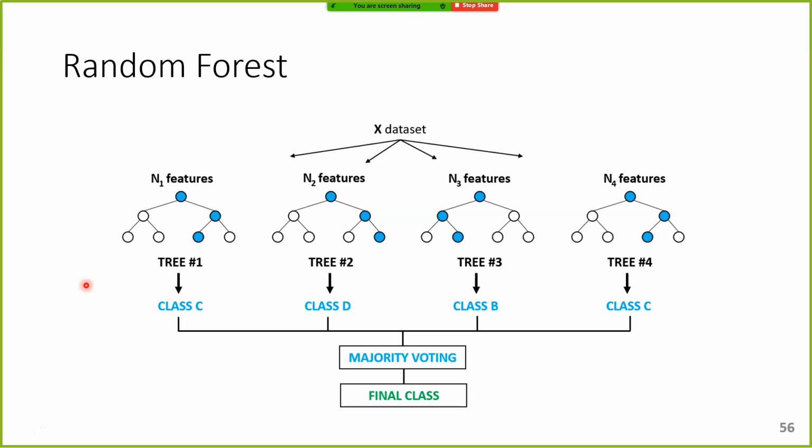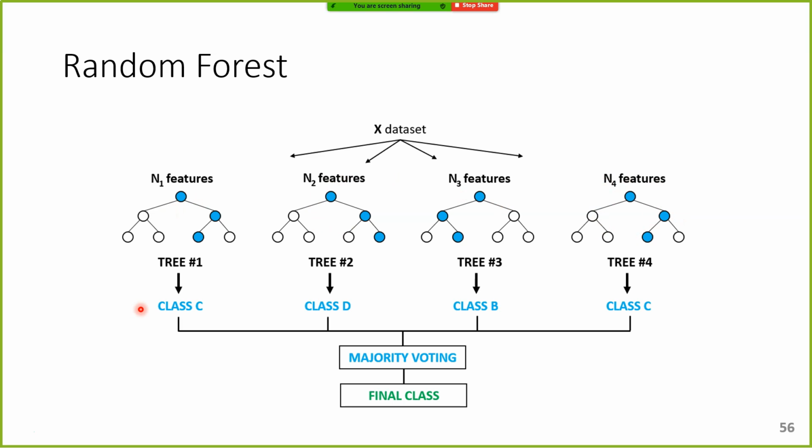Earlier, in the case of a decision tree, we were dependent on only one single tree. Here we construct multiple trees, and then we pass our test data or the new input data to each of these trees and ask all of these decision trees to classify it.